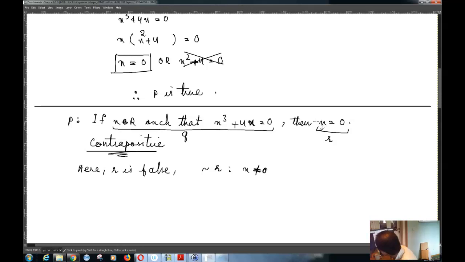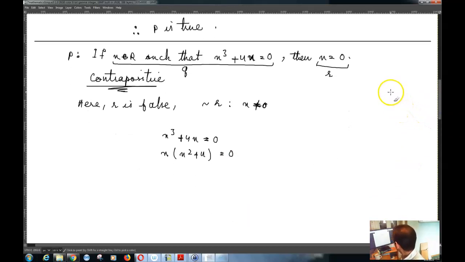Now it says that it can be seen that x squared plus 4, so here you have x cubed plus 4x is equal to 0. If I factorize an x, I'll get x squared plus 4 is equal to 0.